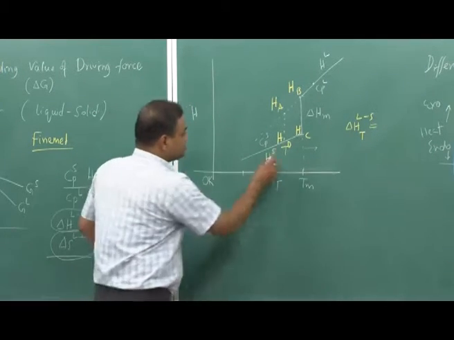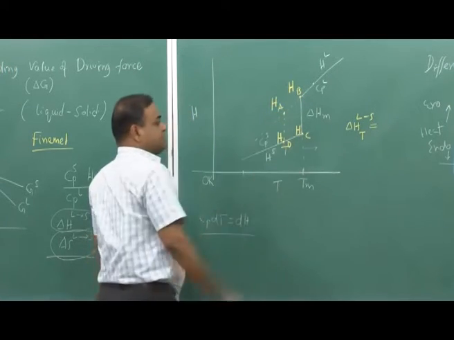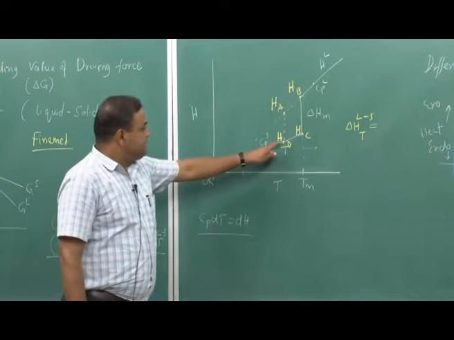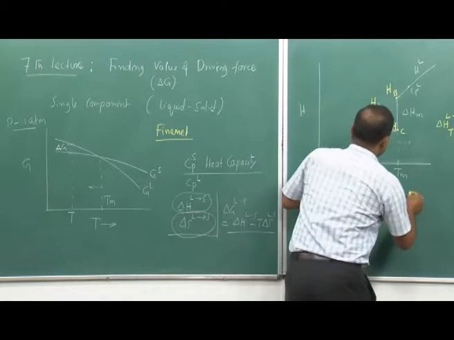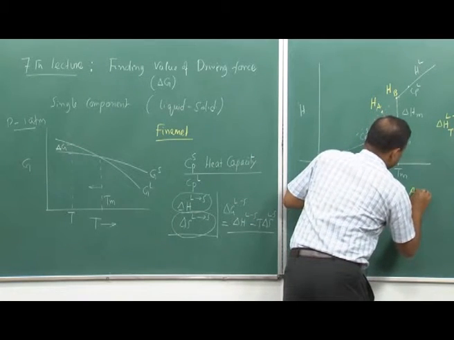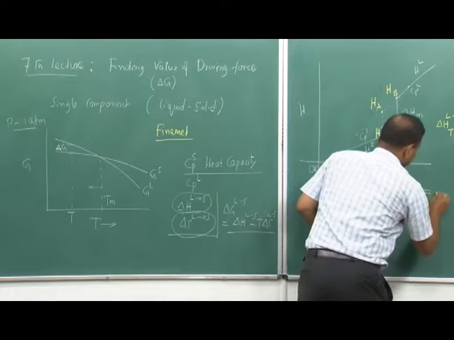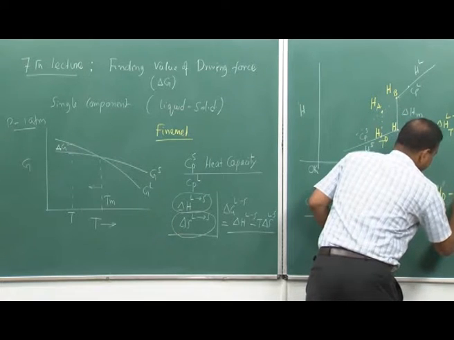So, at those points I have those enthalpy values. Now, I am trying to find out AD, that means HD minus HA.